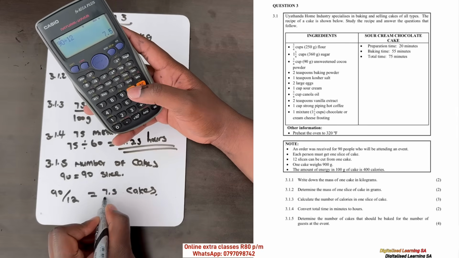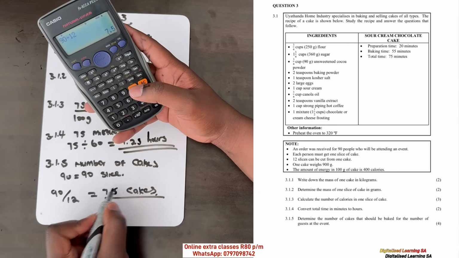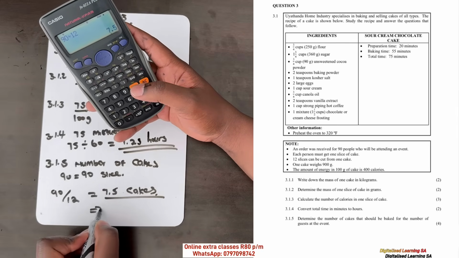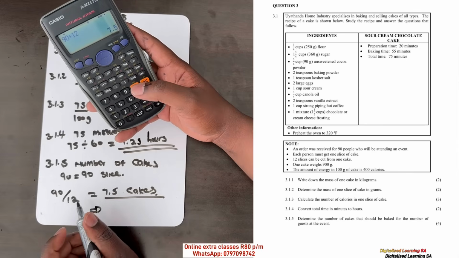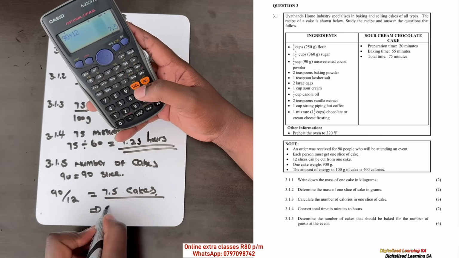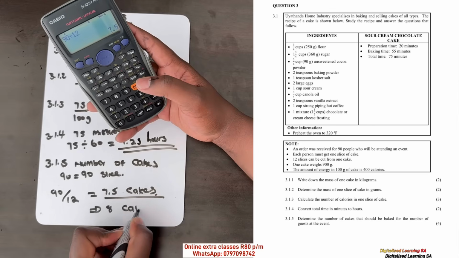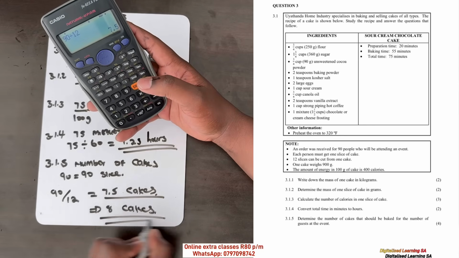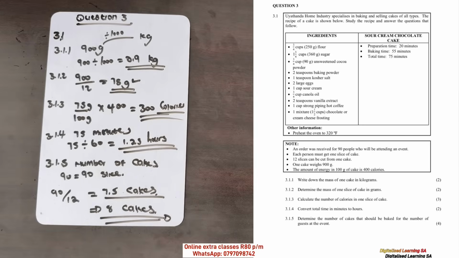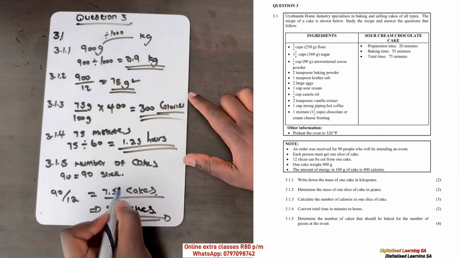So we can't have 7.5 cakes. It means that we need to round it up. So meaning that we will need 8 cakes. Some of you might be asking yourself, why are we saying 8 instead of 7? So we look at this 5.